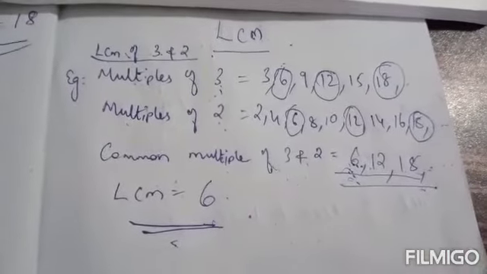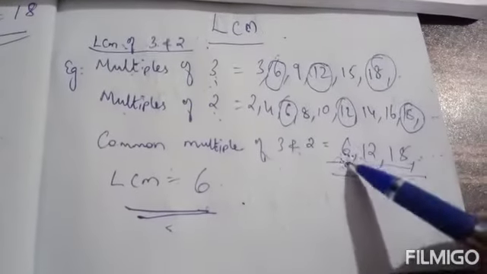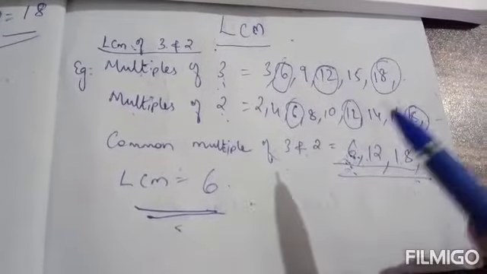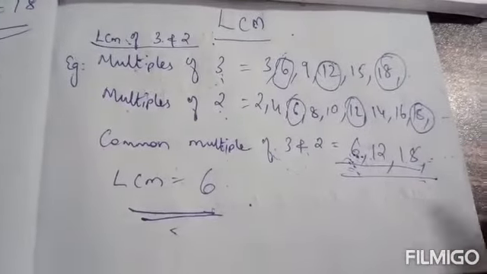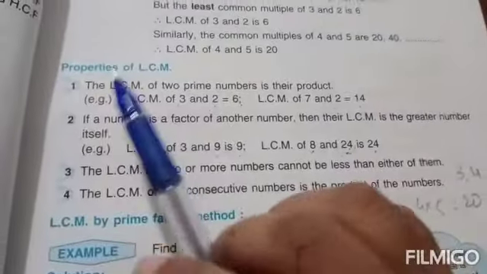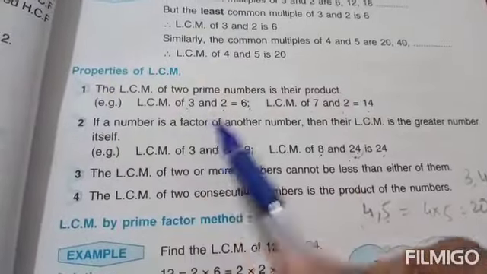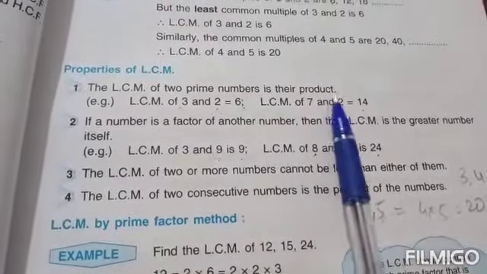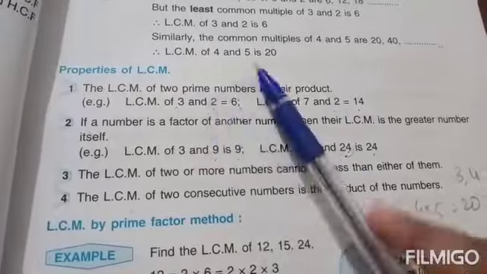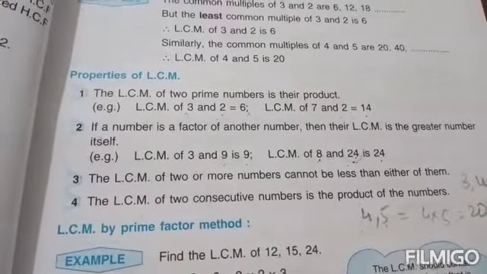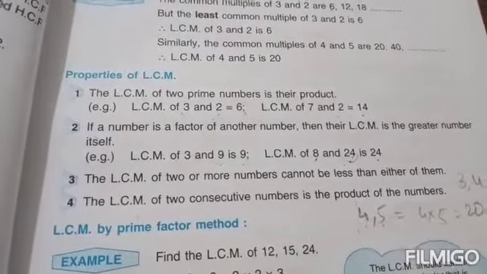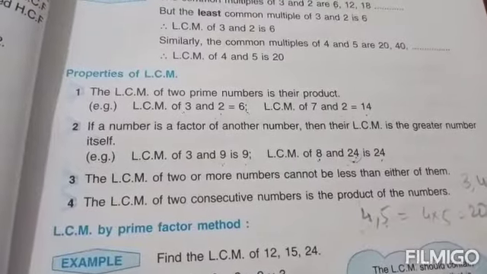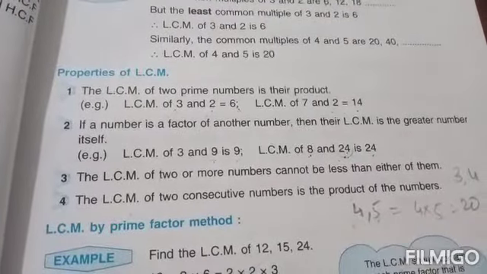Okay, so LCM means the least number that is a multiple of the given numbers. Now here are some properties of LCM. First one: the LCM of two prime numbers is their product. So if you are finding the LCM of two prime numbers, then the LCM will be the product of those two prime numbers.